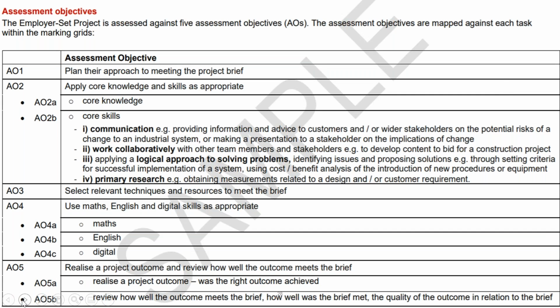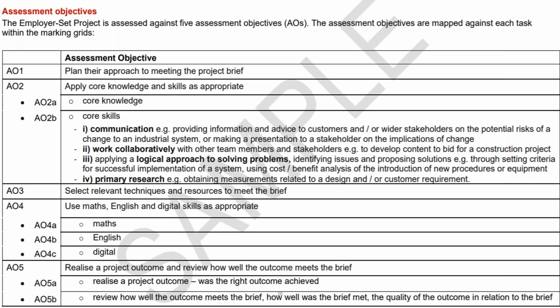Now, when I've talked about maths, English and digital, you can see when you look at those assessment objectives what I mean by breaking down when I say there's 2 marks for AO4, AO4B, AO4A. So at least you will know what's being assessed, and I think that's pretty critical. And if you look at AO5, it's very slight, really.